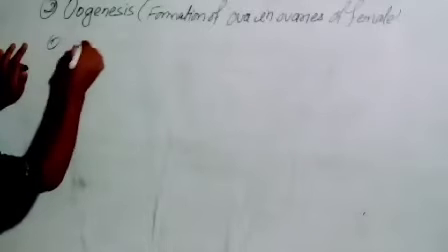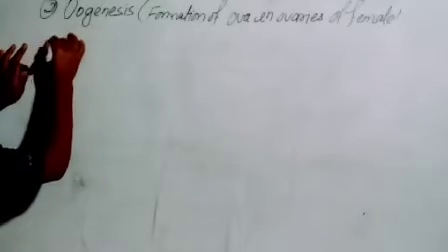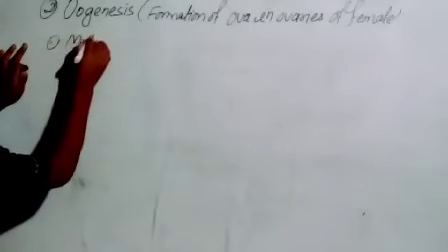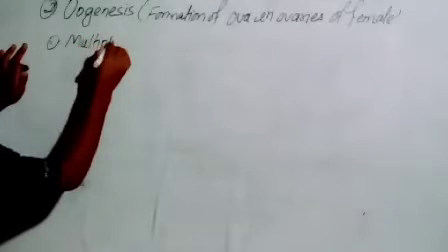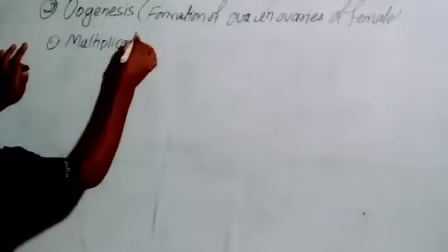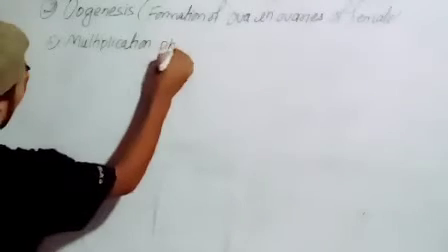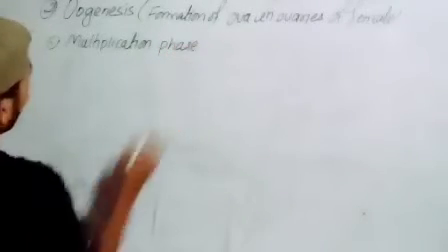So the first phase is the multiplication phase. In this phase also there is the presence of oogonia.